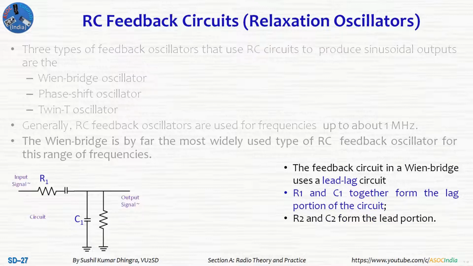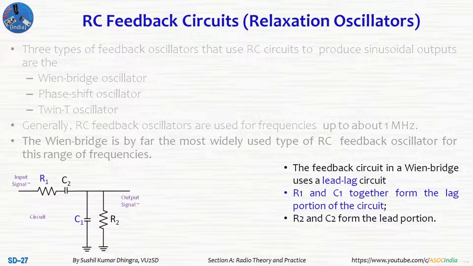On the other side, R2 and C2, see on the diagram in black color, they form the leading portion. So these two circuits work together, leading and lagging, and generate the desired frequency.